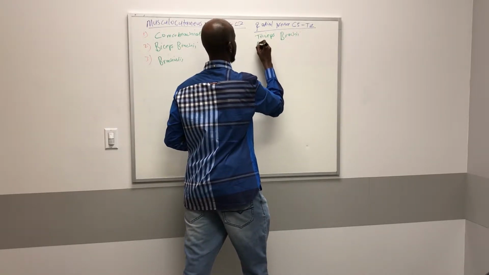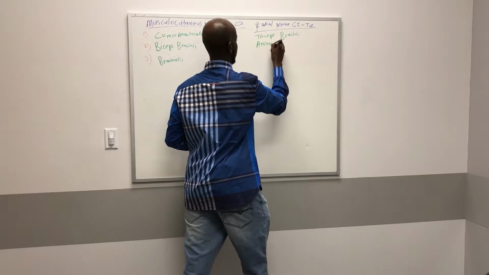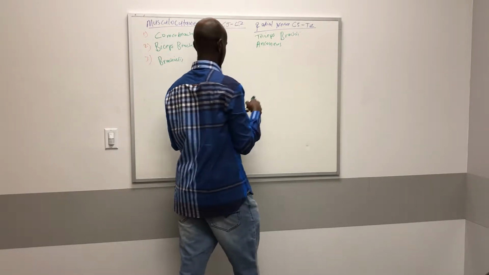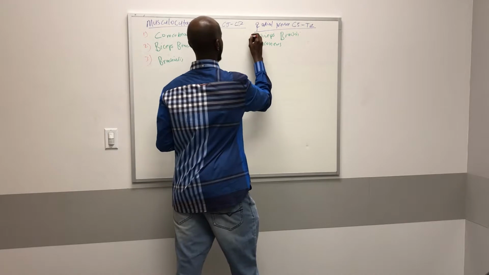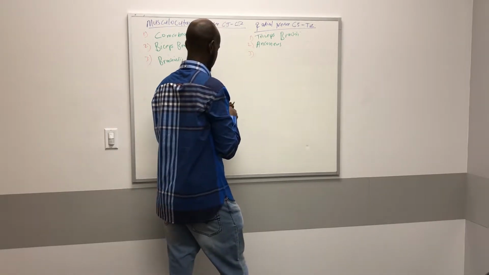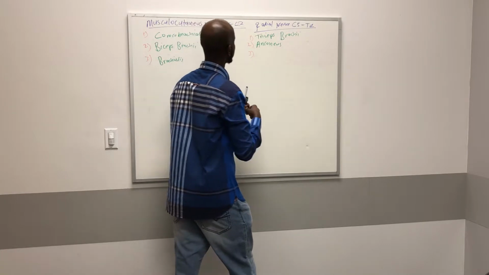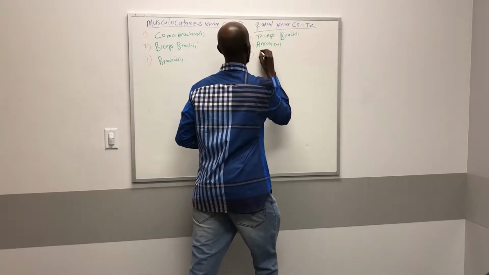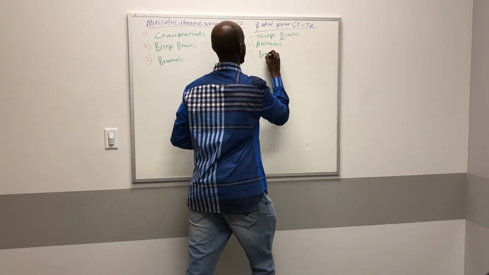Number 2, anconeus. Number 3, brachioradialis.